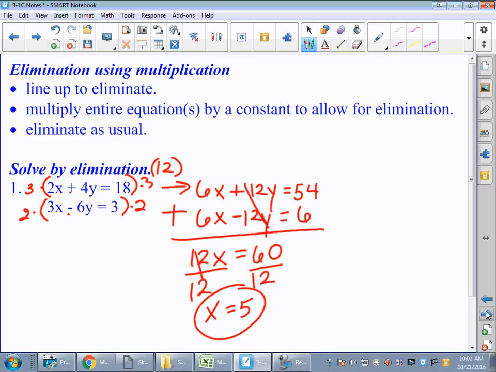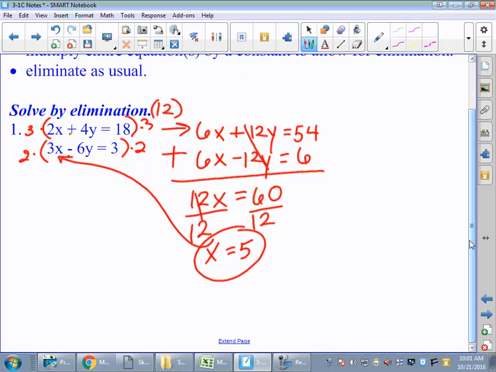So now that I have my x value, I can plug it into any one of these 4 equations. I'm just going to come over to this bottom equation. There's room right here to solve. So I'm going to plug it into that bottom equation. So 3 times 5 minus 6 times y equals 3. That's 15 minus 6y equals 3.